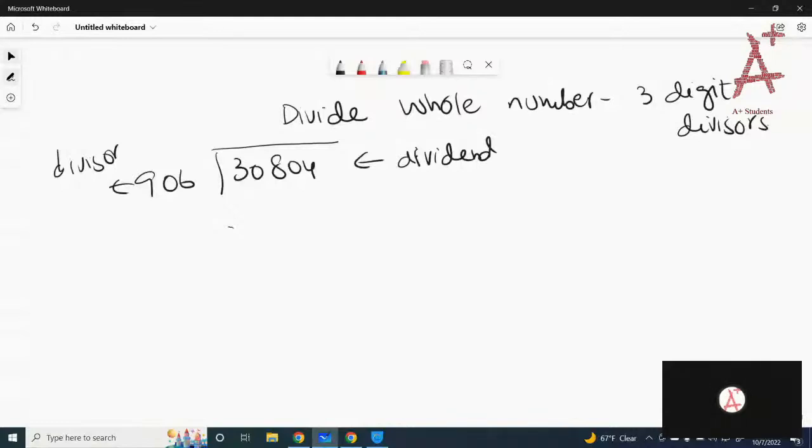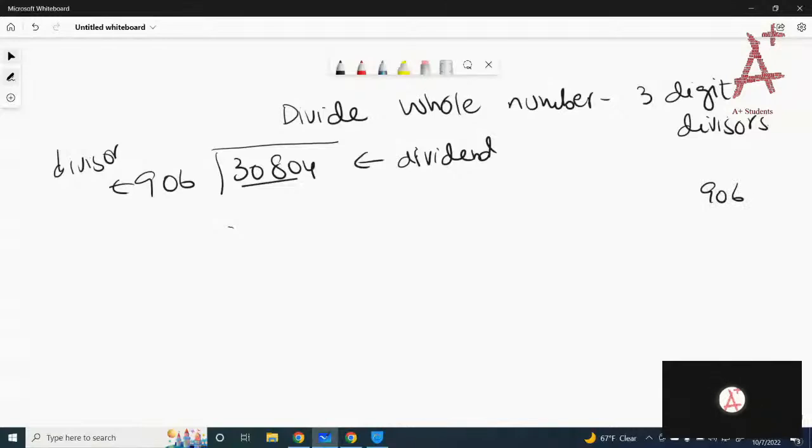30,804 by 906. So the first 3 digits are smaller than 906, so make it a 4-digit number. It would be 3080. Got it? To find a number that when multiplied by 906 is less than or equal to 3080. So let's count, 906 times 1 is 906. I'm using a calculator.